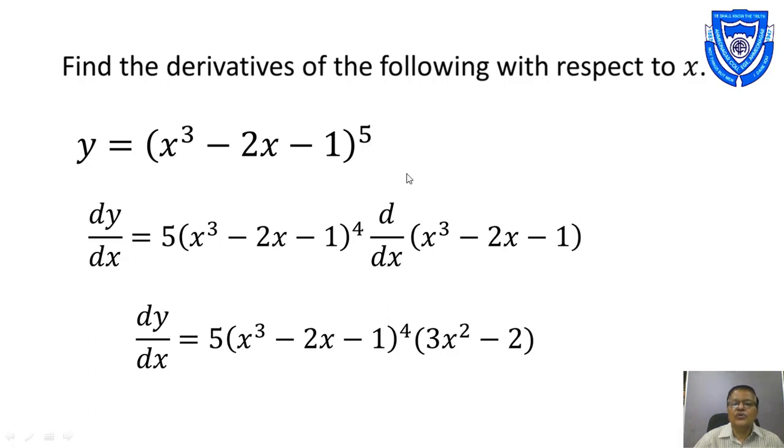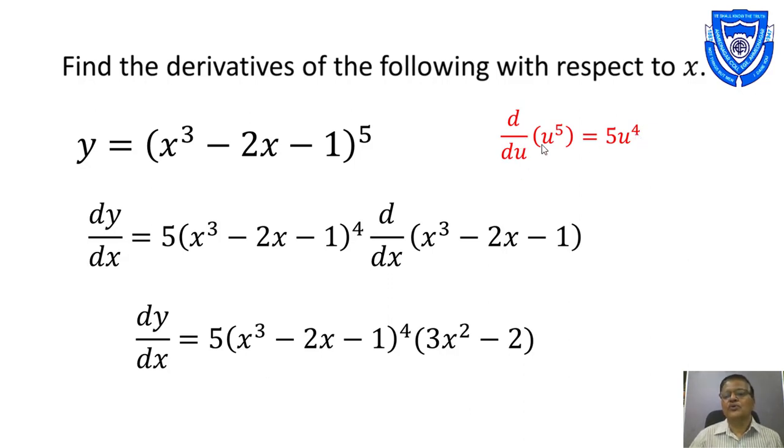So if we want to differentiate this function, we have to use this formula. Derivative of u raised to 5 with respect to u is 5u raised to 4. Can you see this?